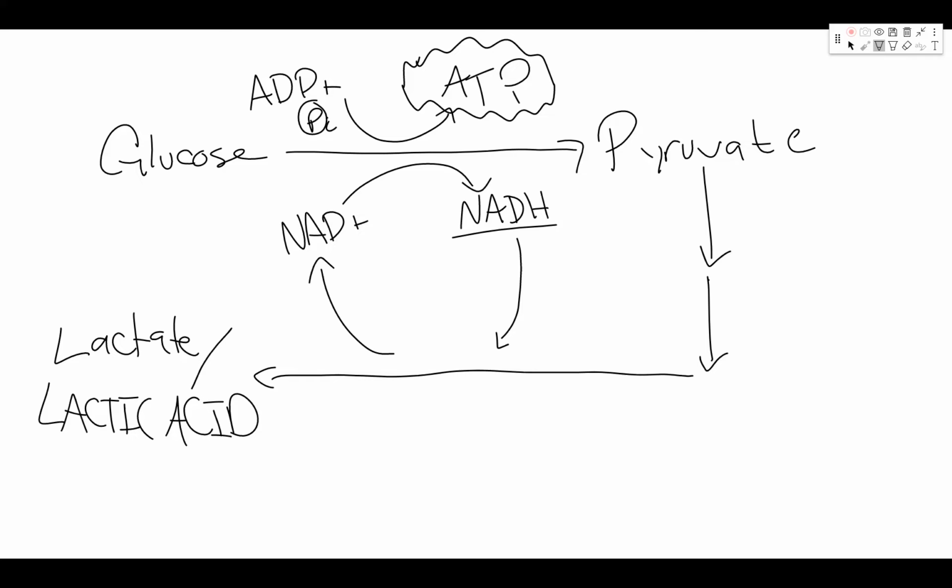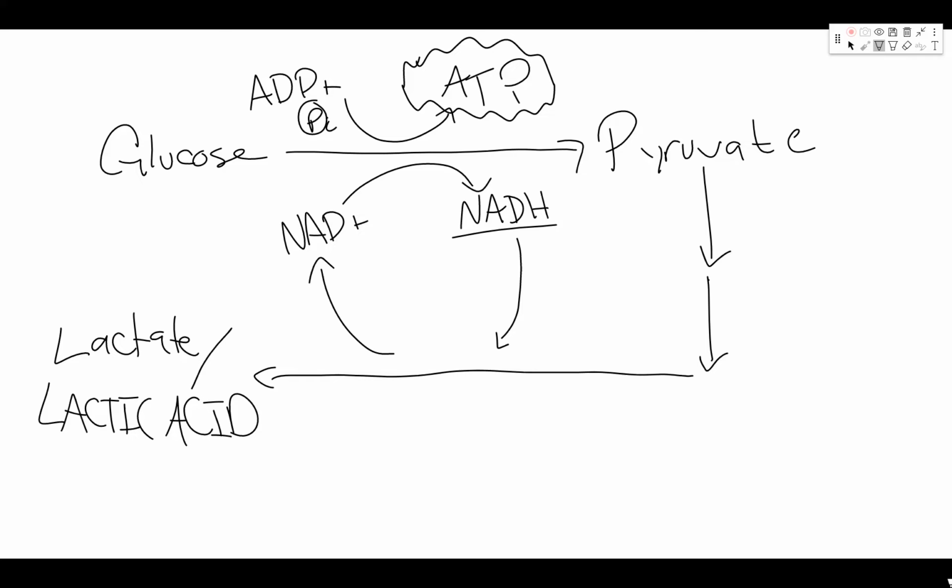Because if we want to do enough glycolysis to make up for the energy we are losing by not having an electron transport chain, we got to do this a lot, right? Whenever we talked about cell respiration, we got 2 ATP from glycolysis, 2 ATP from the citric acid cycle, and 26 ATP from the electron transport chain. We're not getting that 26 here.